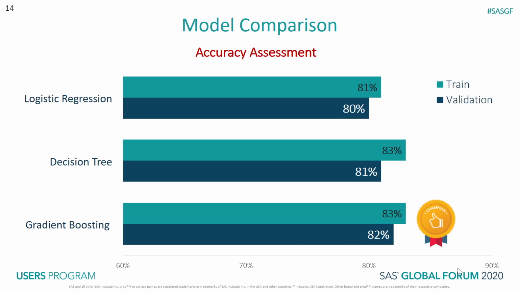Accuracy is the measure of the number of correct predictions per total number of predictions. So out of the logistic regression, decision tree, and gradient boosting, we see the highest validation accuracy in gradient boosting, whereas the training accuracy is the same for decision tree and gradient boosting, slightly more than the logistic regression.